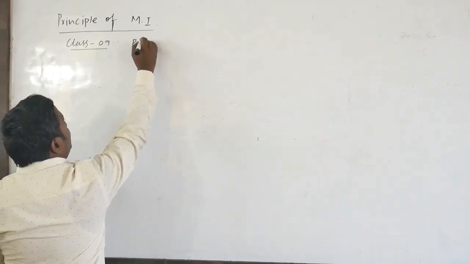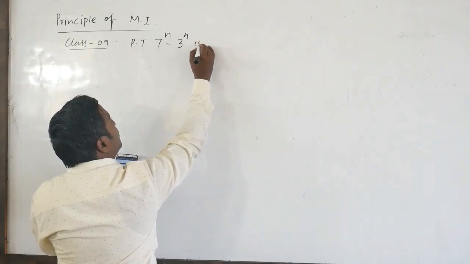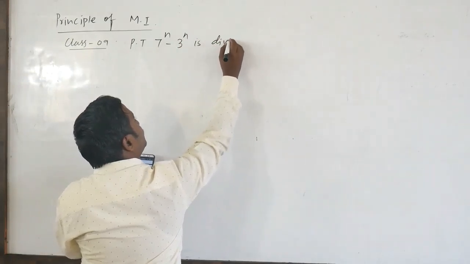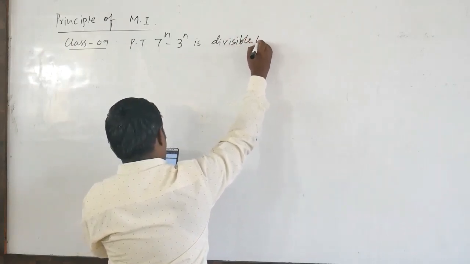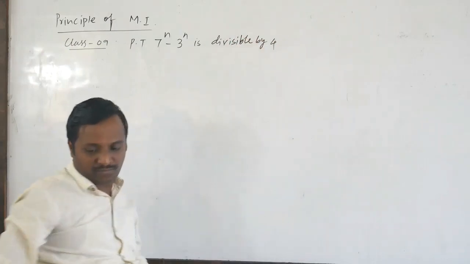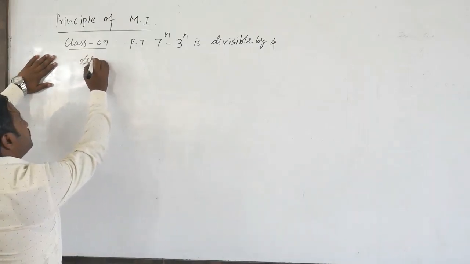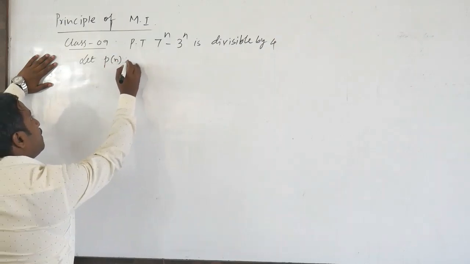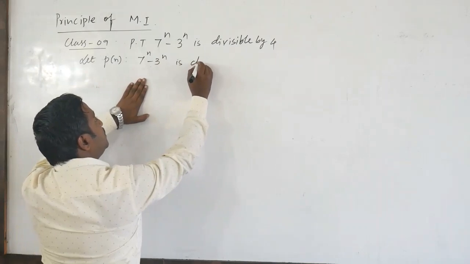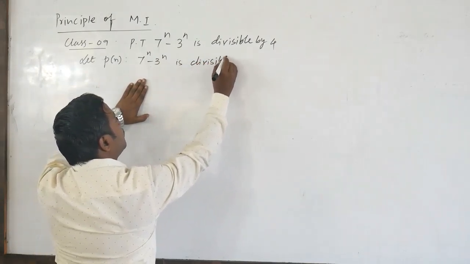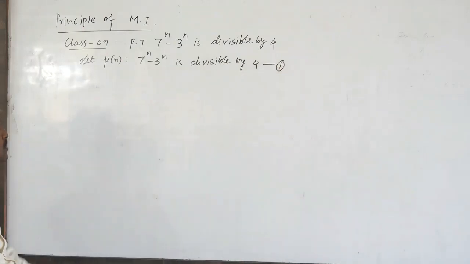Prove that 7 raised to n minus 3 raised to n is divisible by 4. Very easy question, easiest way. Let us take P of n: 7 raised to n minus 3 raised to n is divisible by 4, that is, 4 into some number.